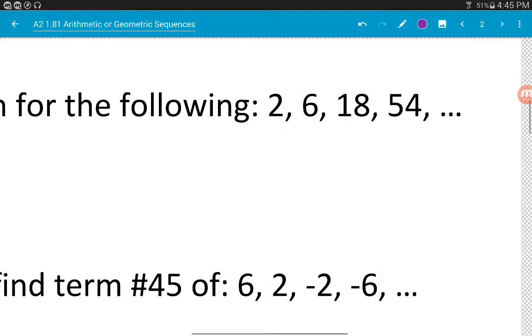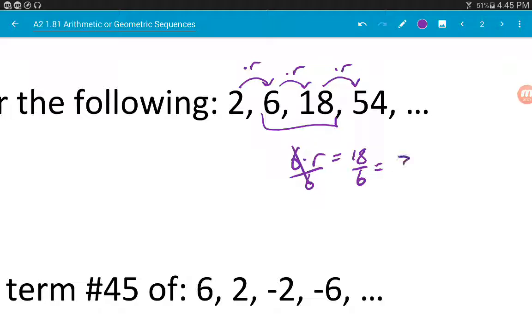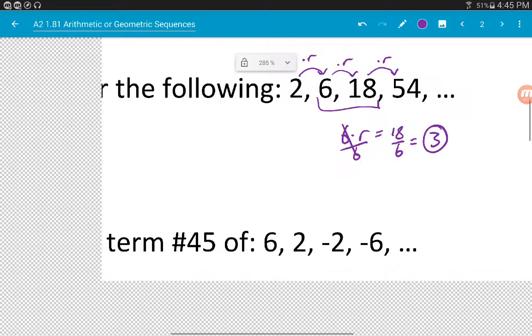So let's see. I know that to get from one number to the next, I'm multiplying by r. Whatever the ratio is, I'm multiplying by that times r. So I could say, for instance, that 6 times r is equal to 18. Divide both sides by 6 to get r by itself. 18 divided by 6 is 3. So that's r.